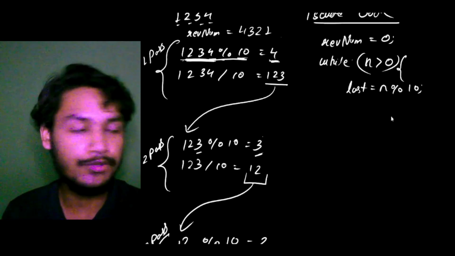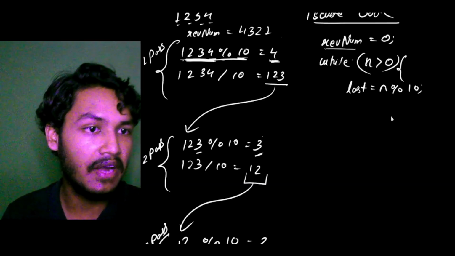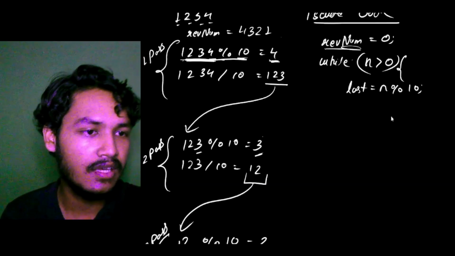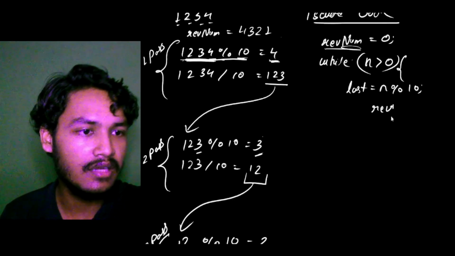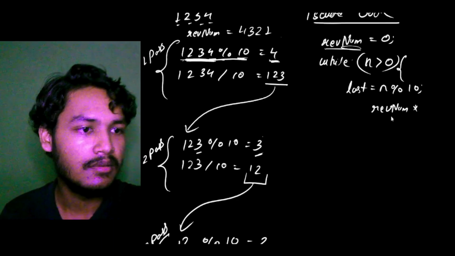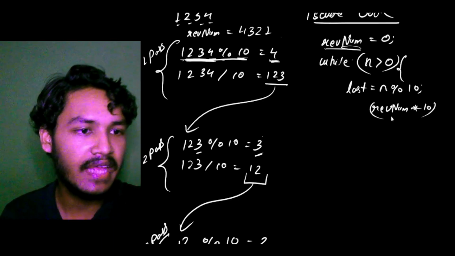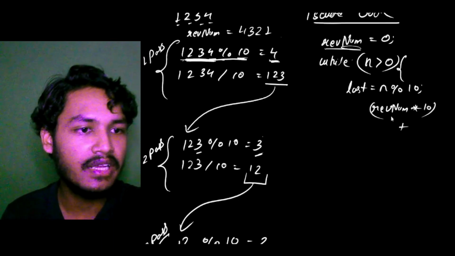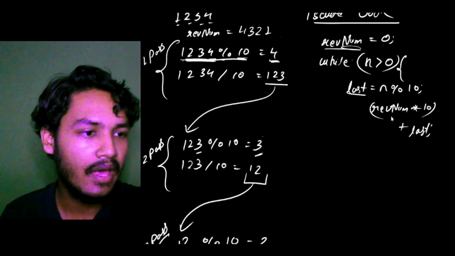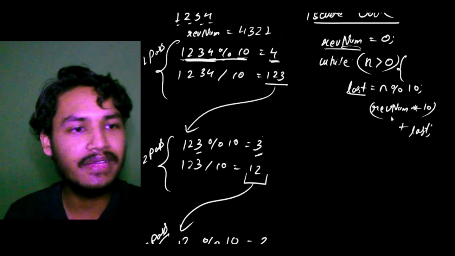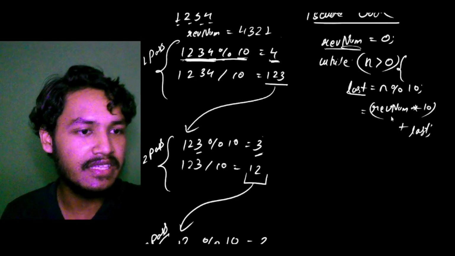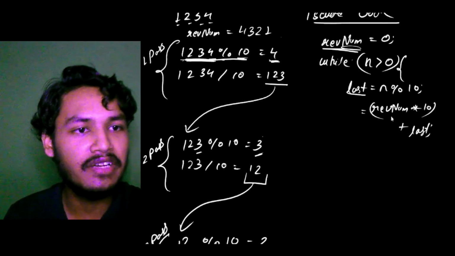Then we will multiply this reverse number with 10, and then we will add this last digit. After doing this, we will assign this complete value to our reverse number.